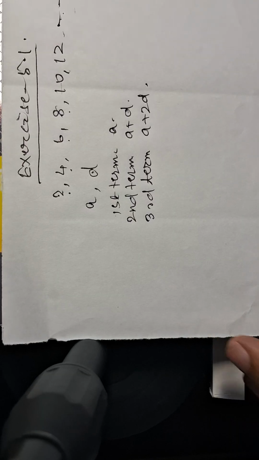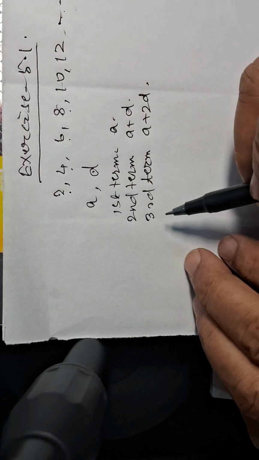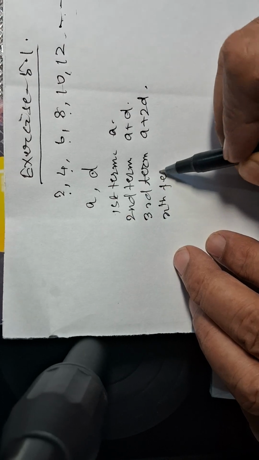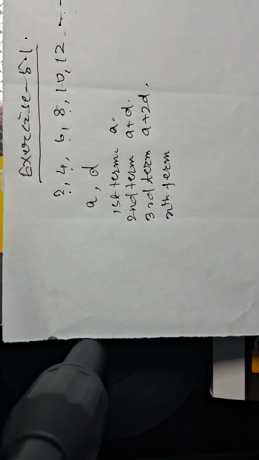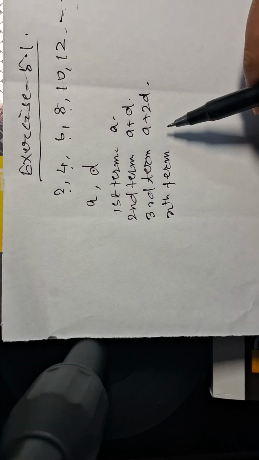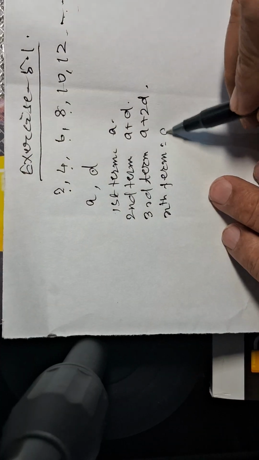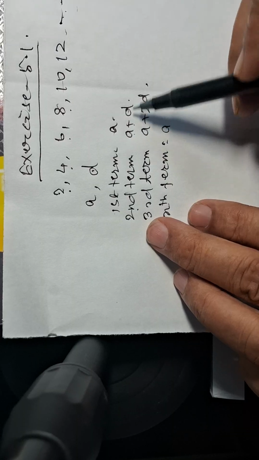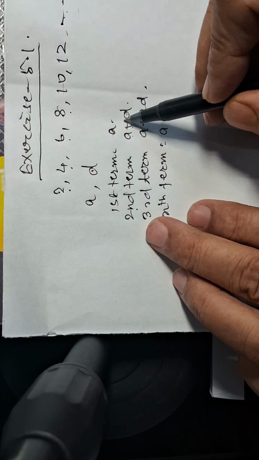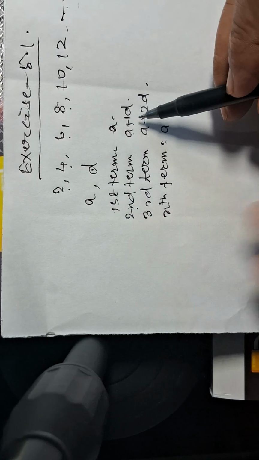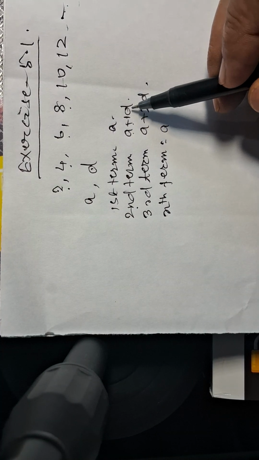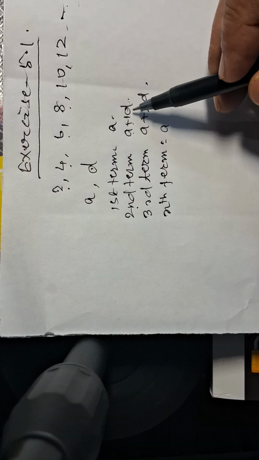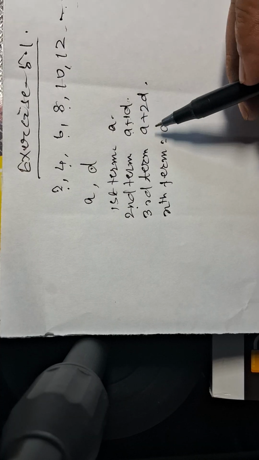So if we have to find the nth term, what will be the formula? Here the second term is A plus D, meaning A plus 1D, but the 1 is not written as a coefficient.